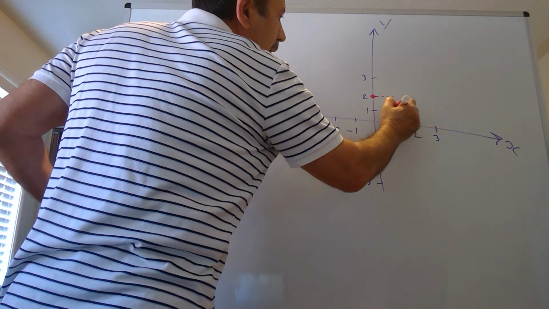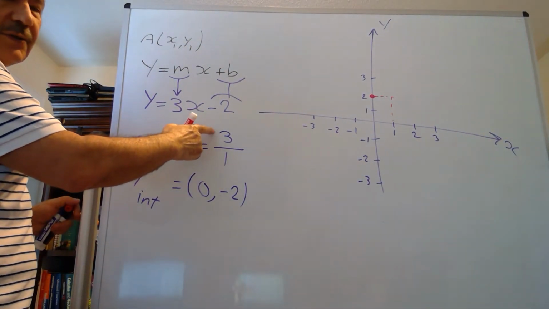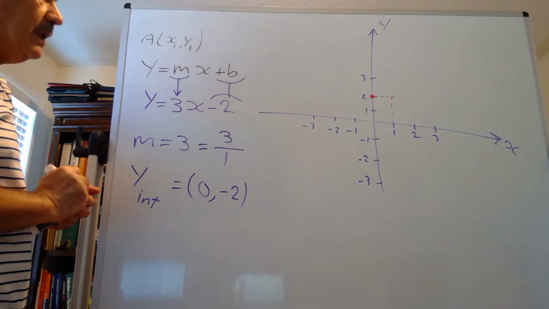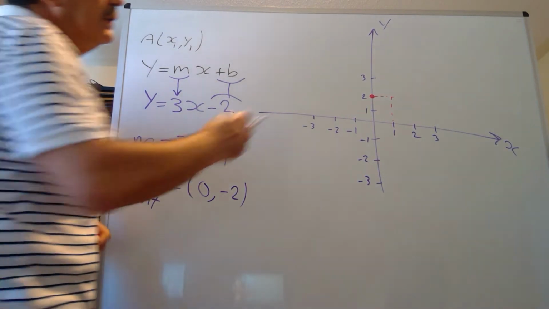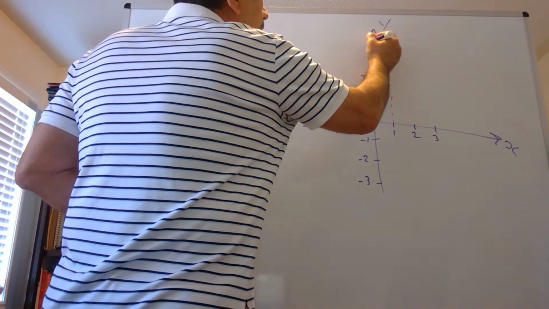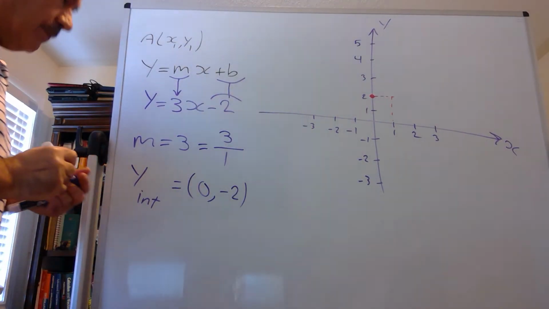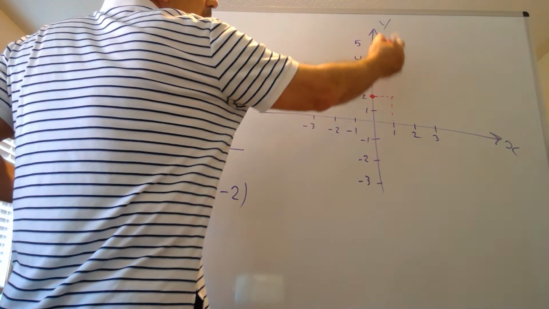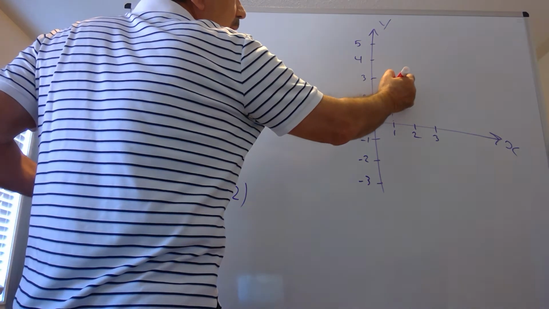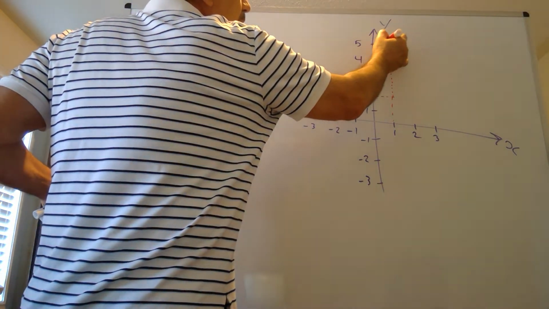For 1 unit run, I should have 3 units of rise. So from this point, after 1 unit run, I should go up 3 units. 1 unit, 2 units, 3 units. This is going to be my next point.